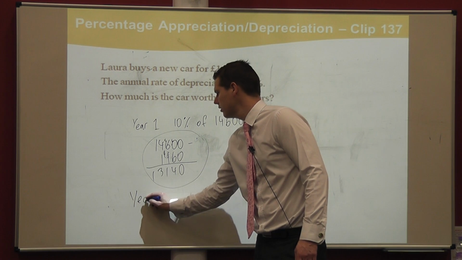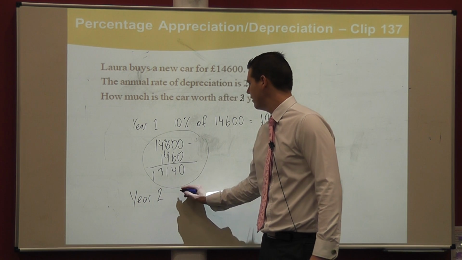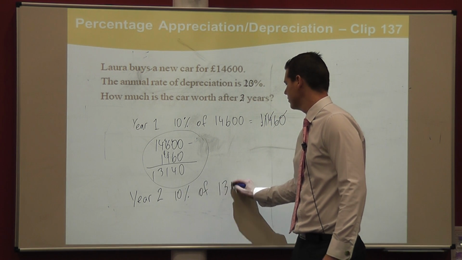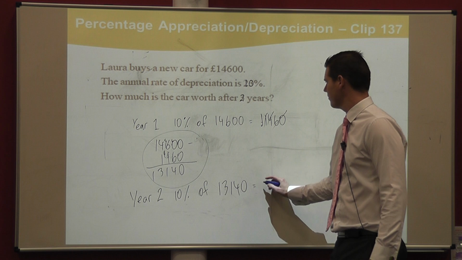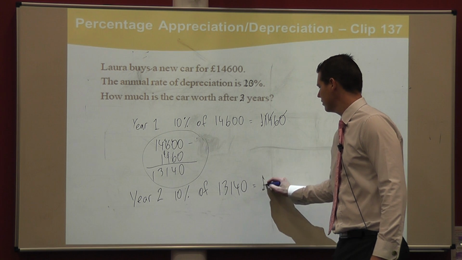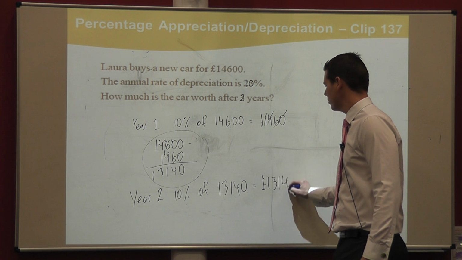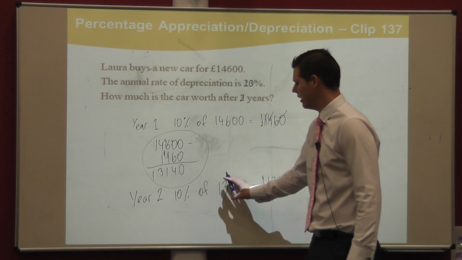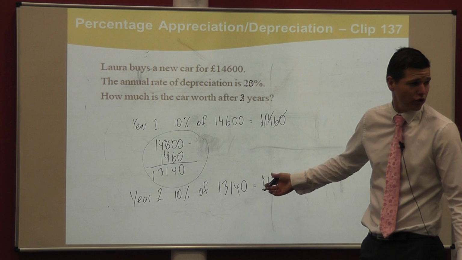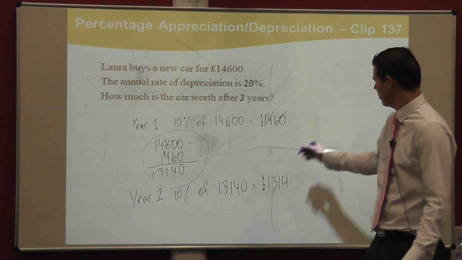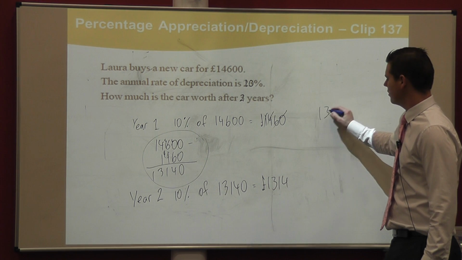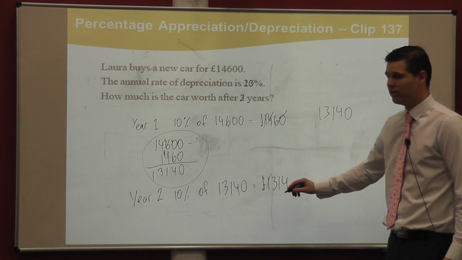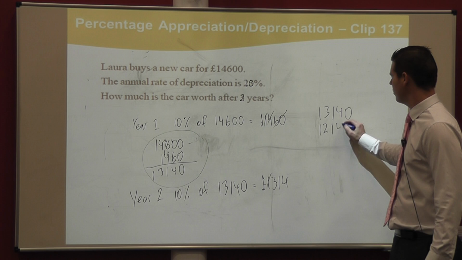So we end up with 13,140. So year 2, we have 10% of the new amount is 1,314. And again, I'm going to take that away from here. In fact, I'll do partitioning myself this time to show you. I start off with 13,140, and I'm going to take off 1,000 to start off with, 12,140.